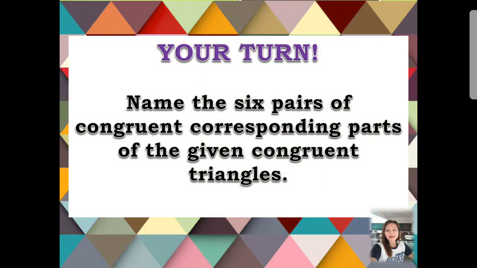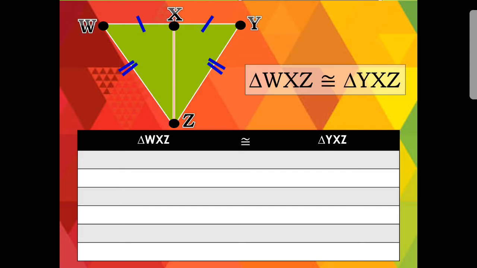It's your turn. Name the 6 pairs of congruent corresponding parts of the given congruent triangles. We have triangle WXZ congruent to triangle YXZ. We're going to prove they are congruent by listing the 6 corresponding parts.